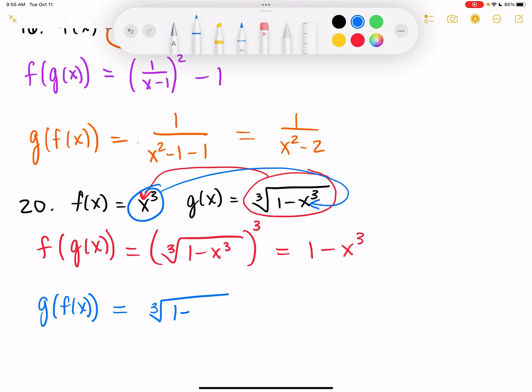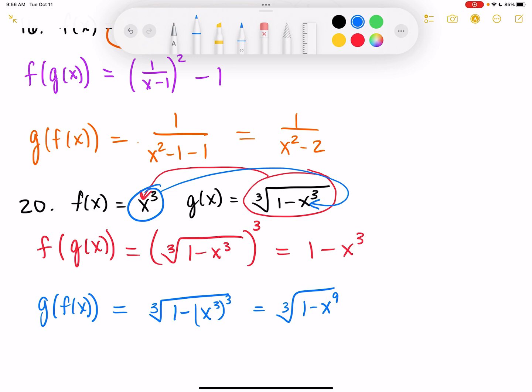X cubed. X cubed, which is what? X to the 9th. Yep. Is that the answer? It doesn't feel like it should be. Good old fate.